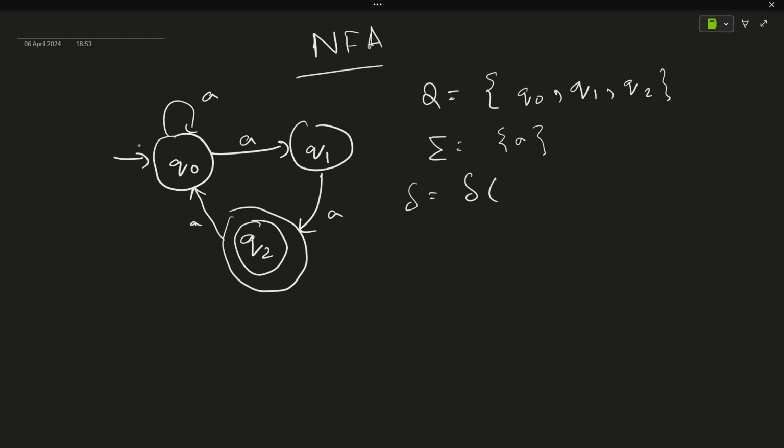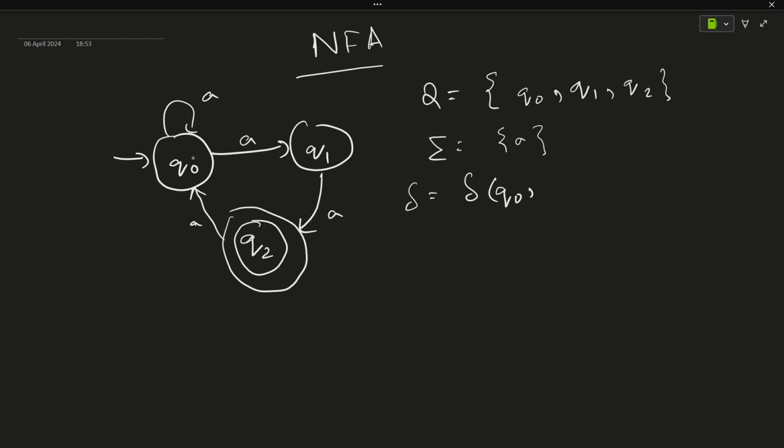On reading A from Q naught, the result will be a set. In a DFA it was not a set, it was just a single state, but here the transition function result will be a set. Q naught on reading A has two possibilities: it stays at Q naught or goes to Q1.